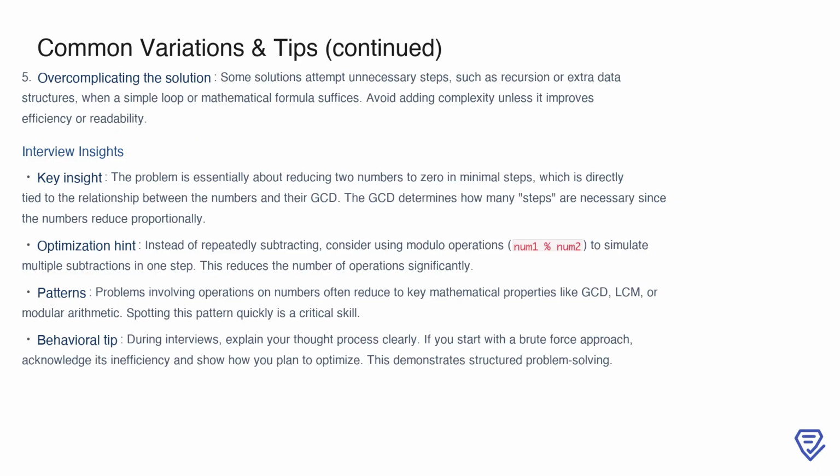Additionally, spotting mathematical patterns like GCD, LCM, or modular arithmetic is a critical skill for tackling similar problems. When explaining your solution in an interview, it's helpful to acknowledge the limitations of a brute force approach and demonstrate how you plan to optimize it. This shows a structured and thoughtful approach to problem solving.